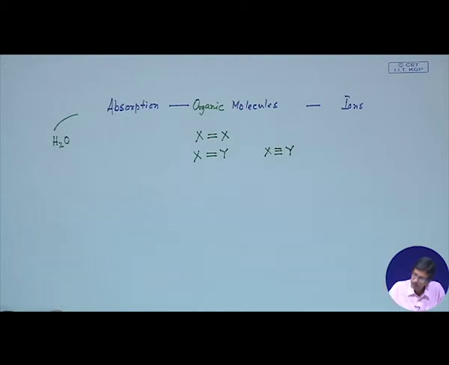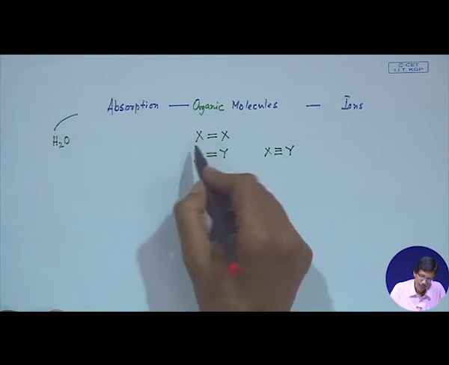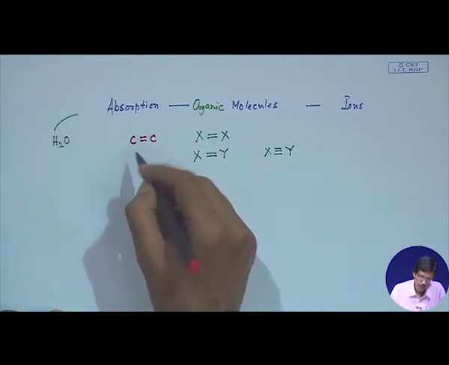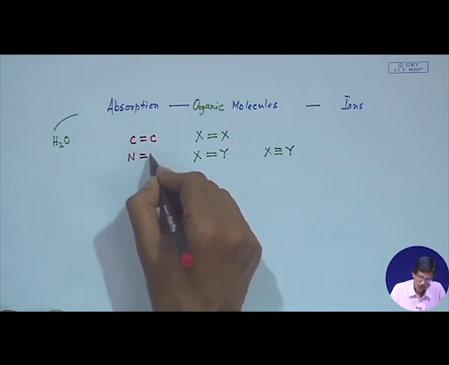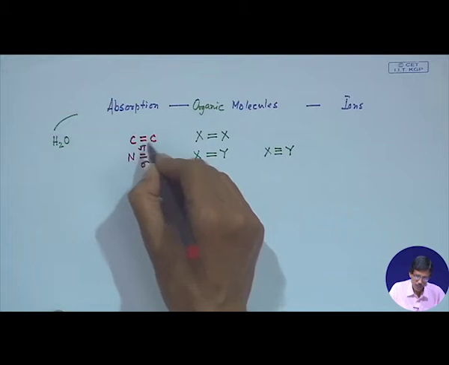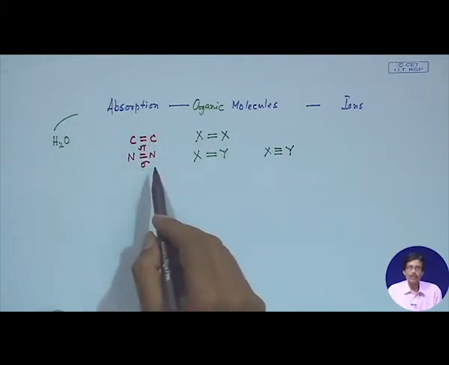And what we see here is very simple: when these two are bound, we all know that in a CC double bond or a nitrogen nitrogen double bond, one is your sigma bond and another is your pi bond, and the sigma bonds are strongly held.